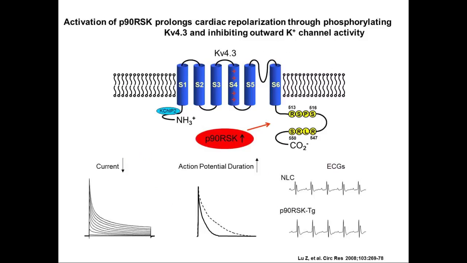To summarize what I did in my K08 training, we determined the transient outward current is determined by one particular potassium alpha subunit, Kv4.3, which can be phosphorylated by multiple kinases, such as p90RSK, which is elevated in multiple cardiac diseases, such as diabetic cardiomyopathy, heart failure, etc.